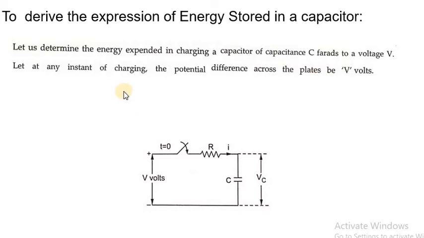At the instant at which this switch is closed, the supply voltage V is equal to VR plus VC, where VR is equal to 0, so V is equal to VC. It means the whole supply voltage is coming across the capacitor C, so the potential difference across the capacitor C is equal to V0, that is the supply voltage V.